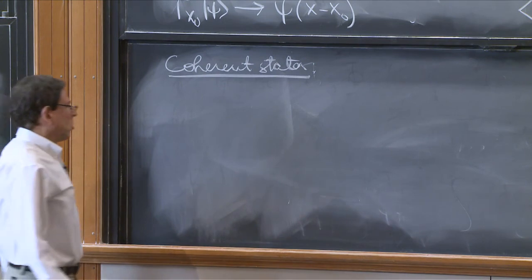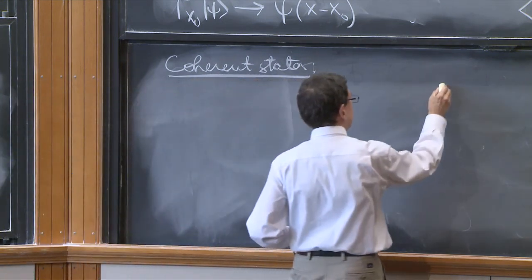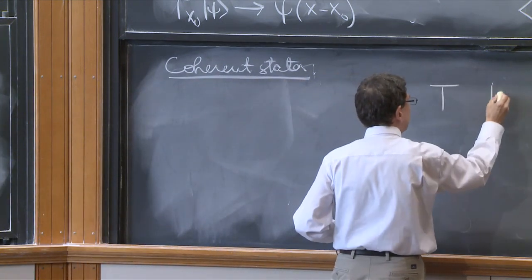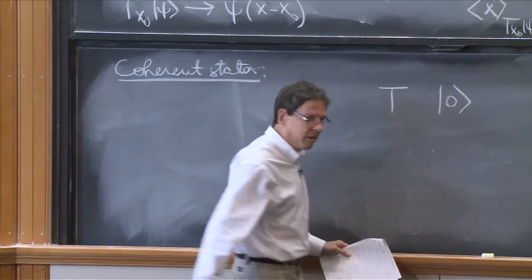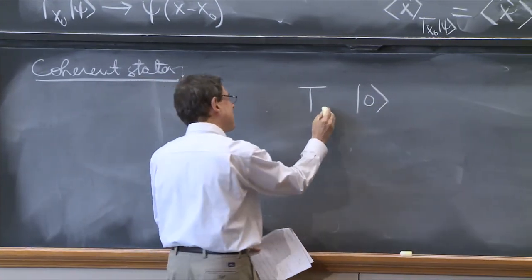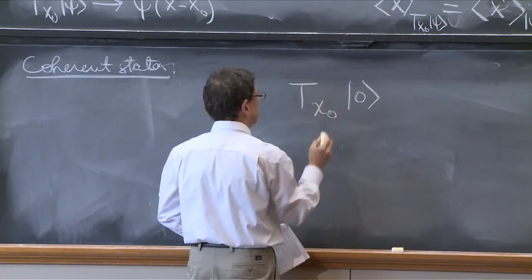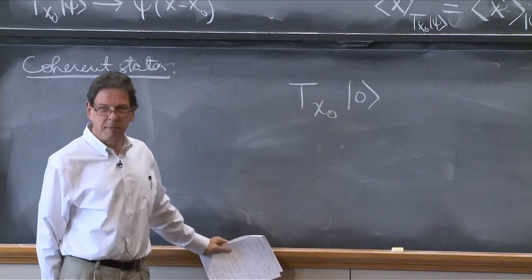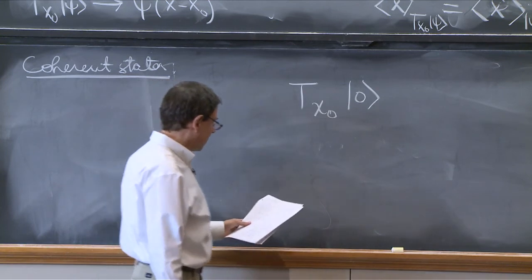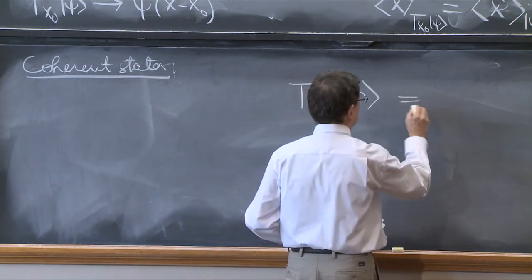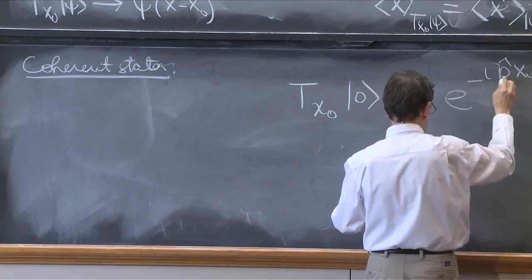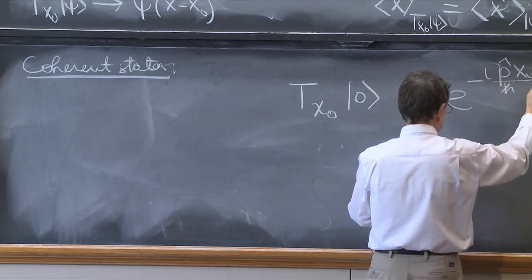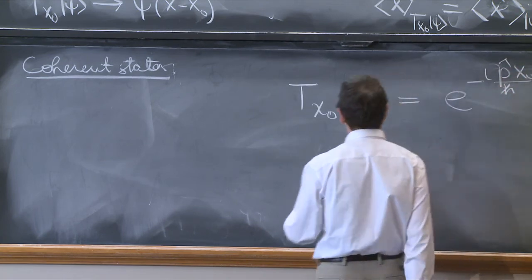So here it goes. I'm going to take the vacuum state of the harmonic oscillator, the ground state of the harmonic oscillator, and simply displace it with a translation operator by x0. So this is going to be e to the minus i p hat x0 over h bar, acting on 0.